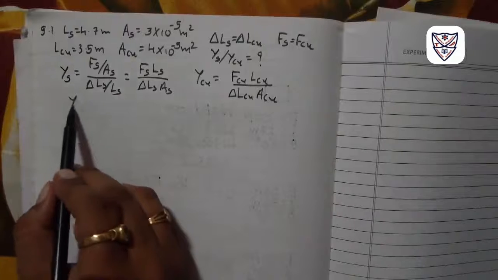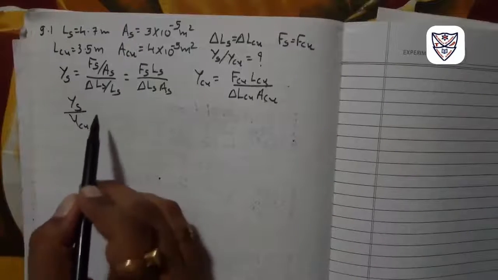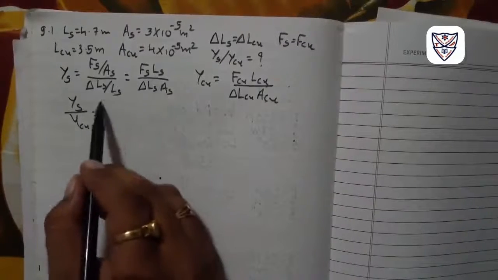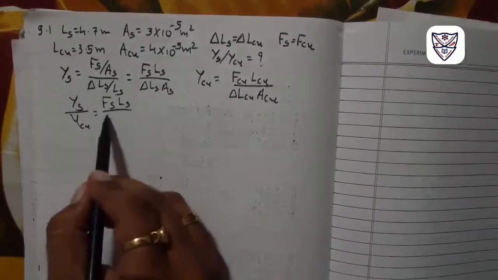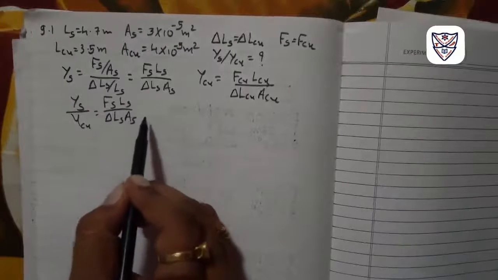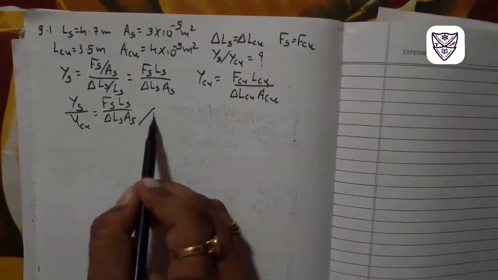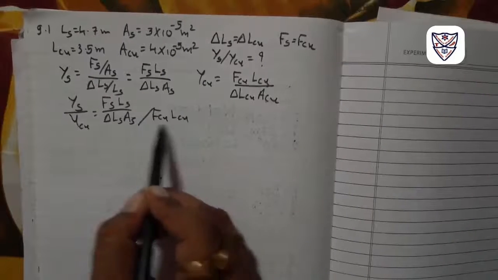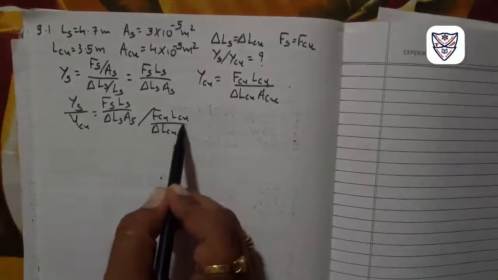Now to find the ratio Ys upon YCU, it is equal to Fs Ls upon delta Ls As, upon FCU LCU upon delta LCU ACU.